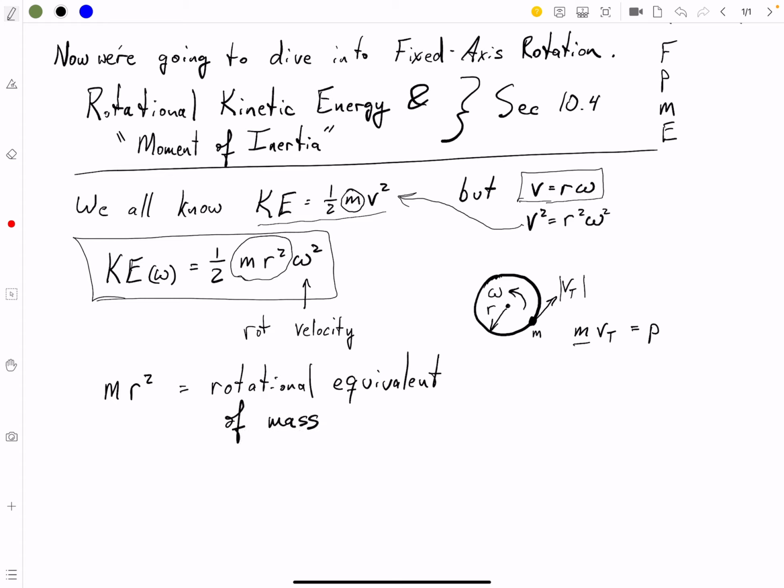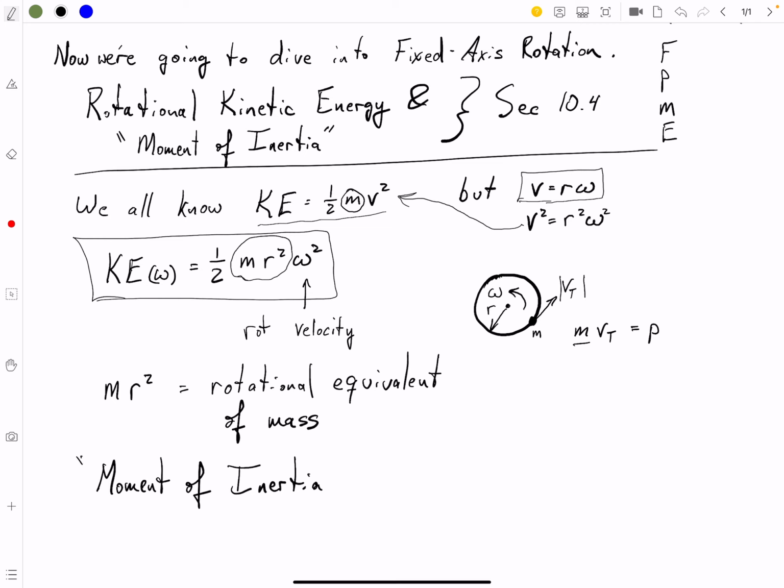And we call that a moment of inertia. Why don't I just write moment of inertia instead of inertia? Moment of inertia.